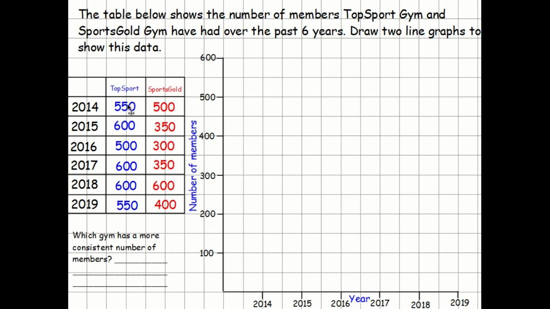So let's firstly take Top Sport in blue here. So in 2014 they had 550 members, which is here. In 2015 they had 600 members, so there. In 2016 they had 500. In 2017, 600.